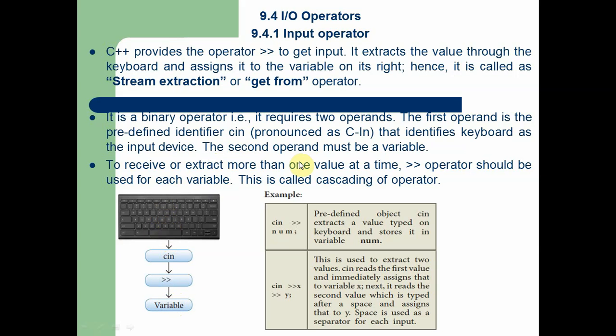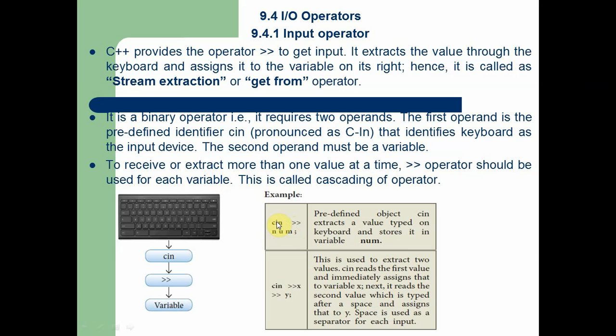To receive or extract more than one value at a time, the get from operator should be used for each variable. This is called cascading of operators. In this example you can see cin get from num. Cin is the predefined identifier that refers to keyboard values.